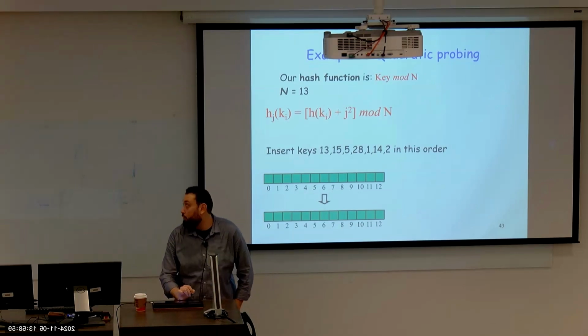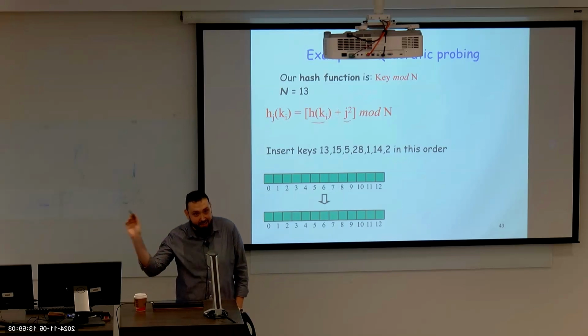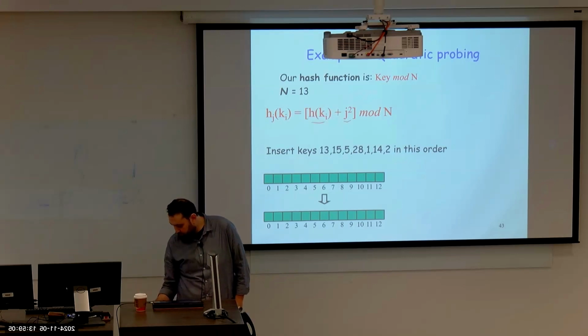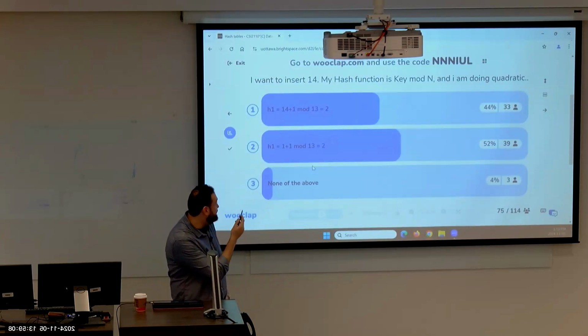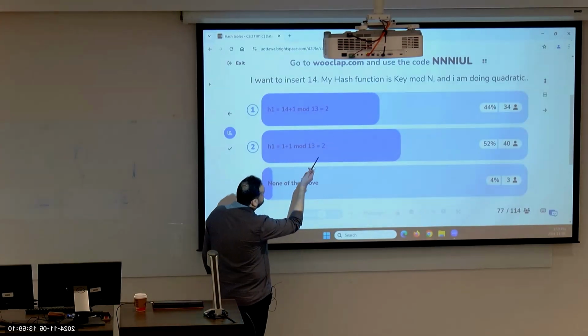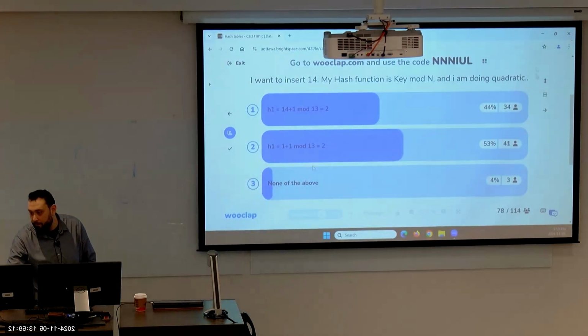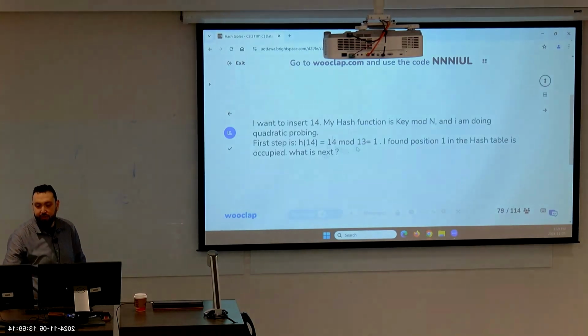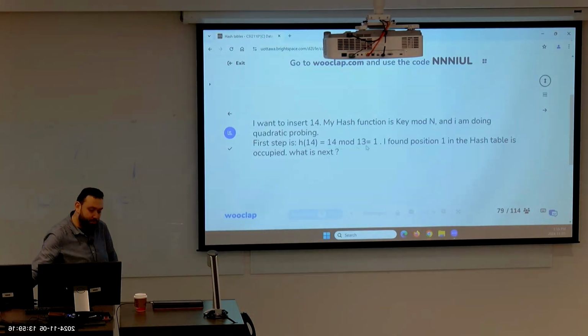That's my quadratic probing. I have H_K and J square. In this case that I asked you about, if we look here, we said it's going to be 14 mod 13 equal 1, okay?